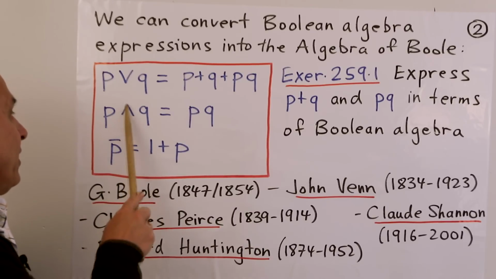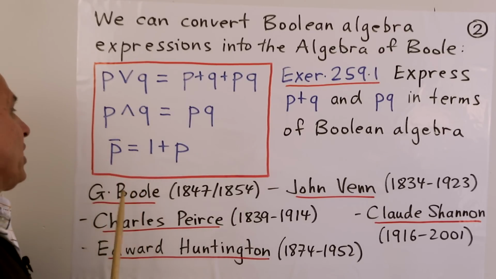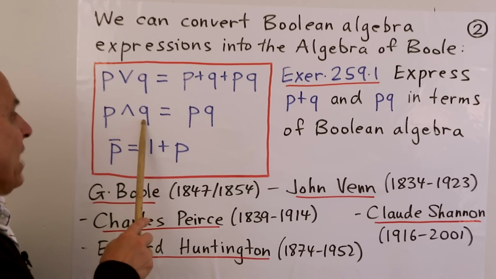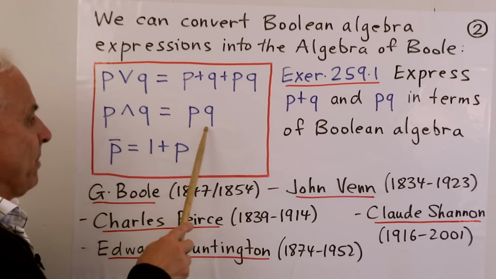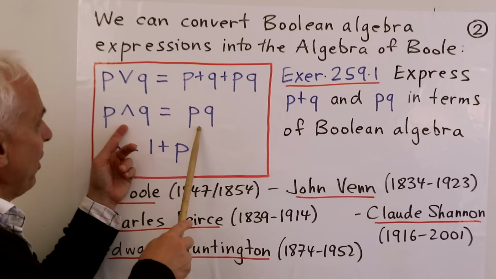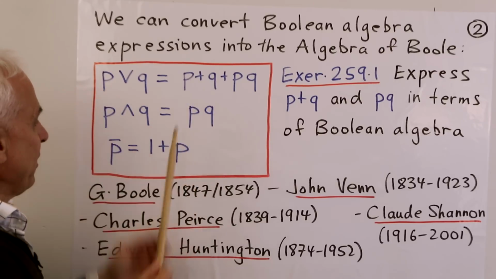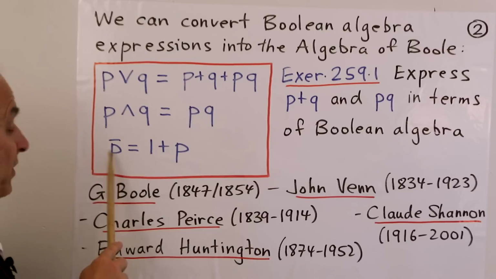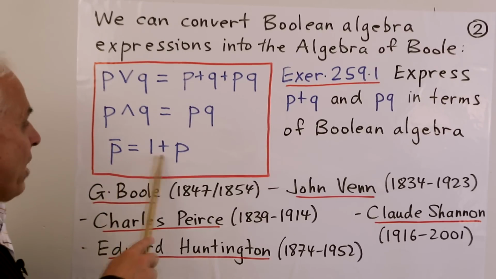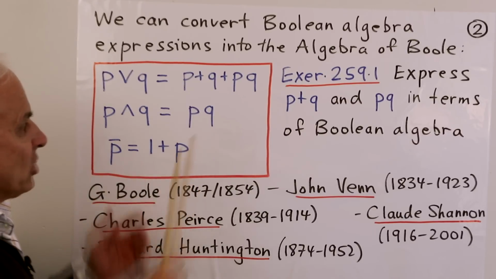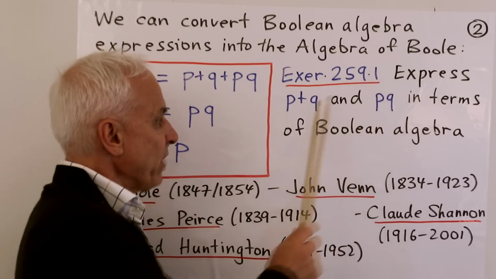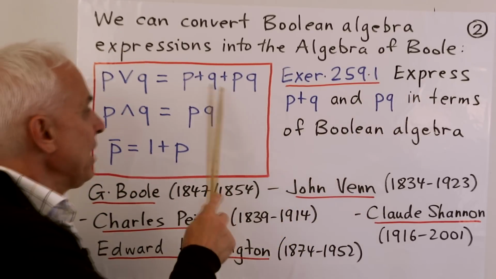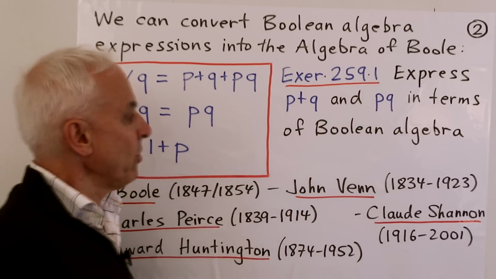And the wedge here, which is P and Q, is really the same as the product P times Q. So there's no difference at this level, but there is a little bit of a difference here. And in terms of the negation, not P is the same as 1 plus P in the Boole algebra situation. So a little bit of an exercise for you: express conversely P plus Q and PQ in terms of the Boolean algebra operations.